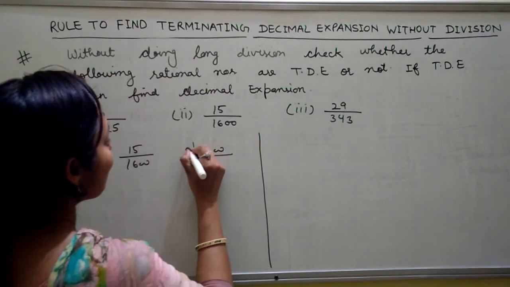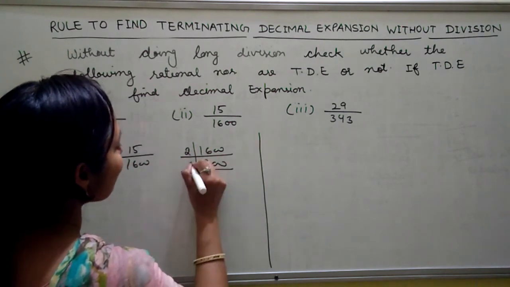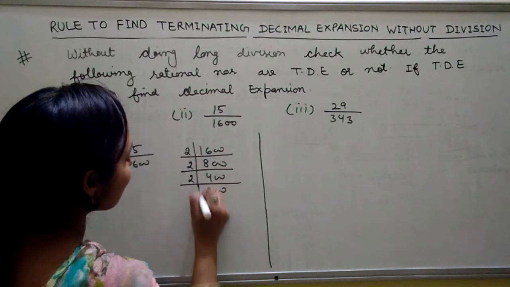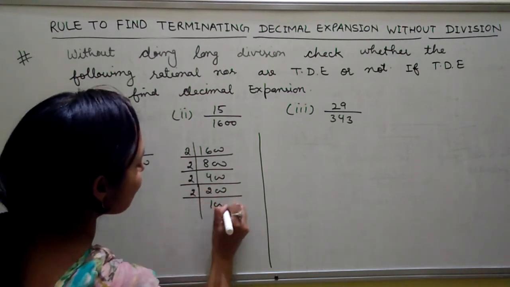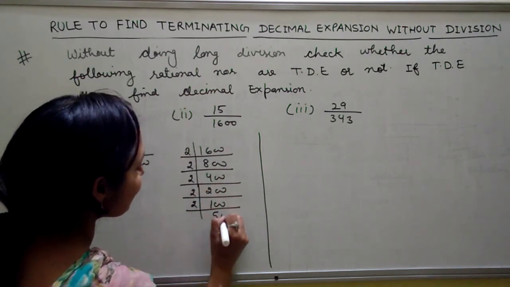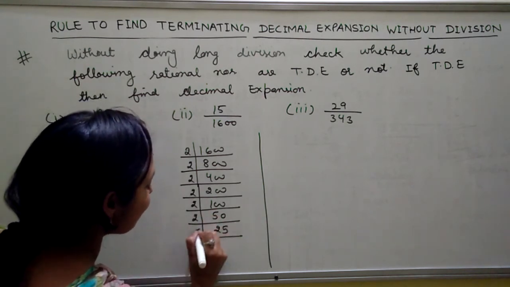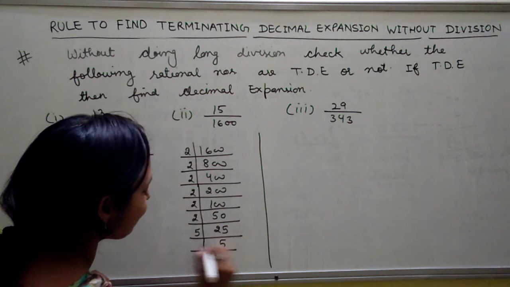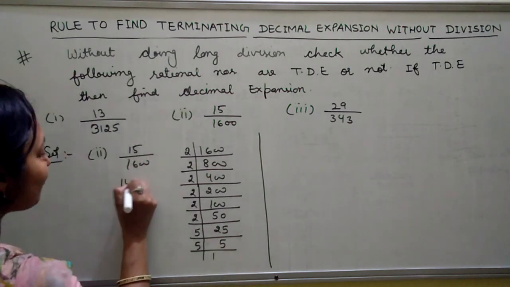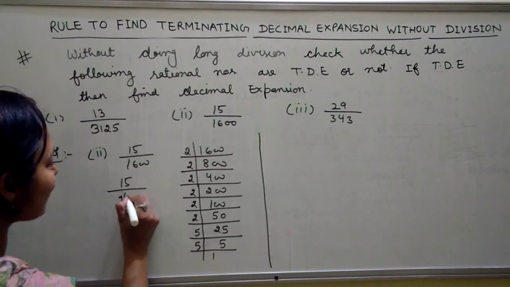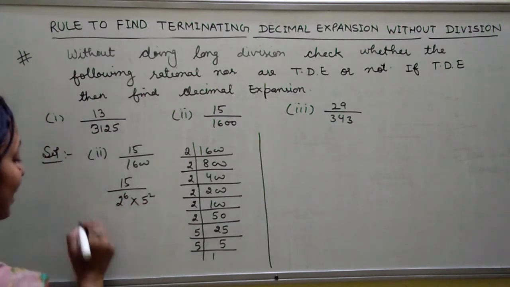1600, 2 800s are 1600, 2 400s, 2 200s, then 200, 250, 225, 5 5s are 25. So we have 15 upon 2 raised to power 6 into 5 raised to power 2.